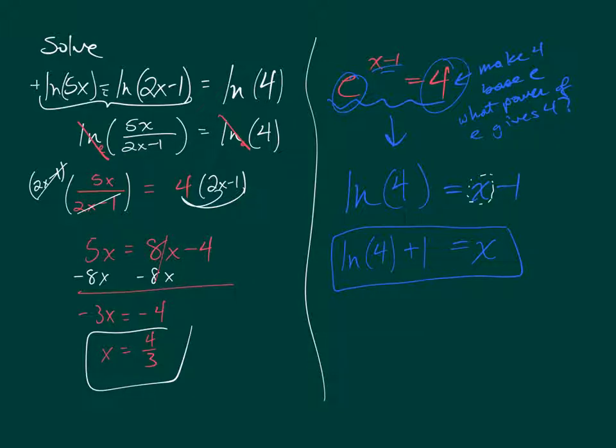Nobody's going to understand what you're talking about. So what you need to do is type this into a calculator and get either x equals 2.38 or 2.39 if people teaching you this are sticklers for rounding.